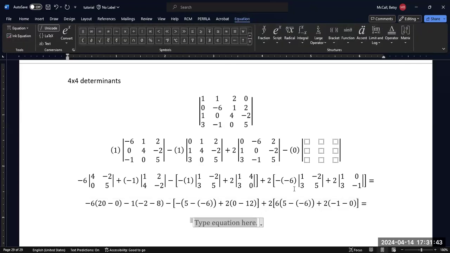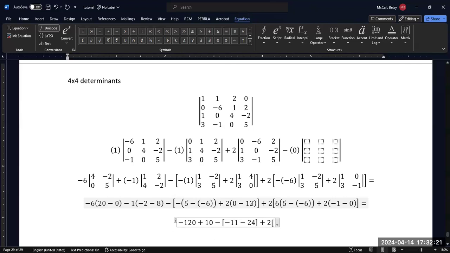So 20 minus 0 is 20, times -6 is -120. But then -2 and adding -8 gives me -10, but then times the -1 gives me +10. 5 minus a -6, that's 5 plus 6, that's 11, that's -11. And then -12 times 2 is -24.